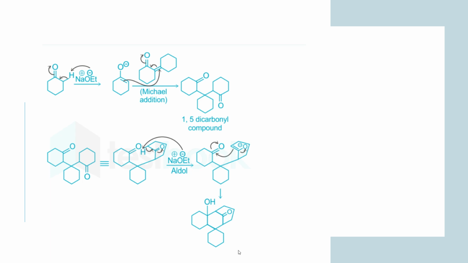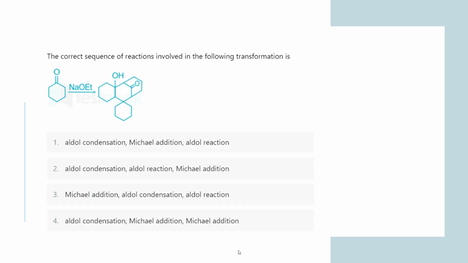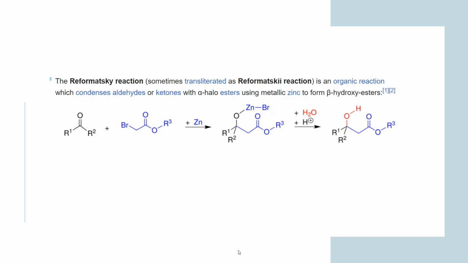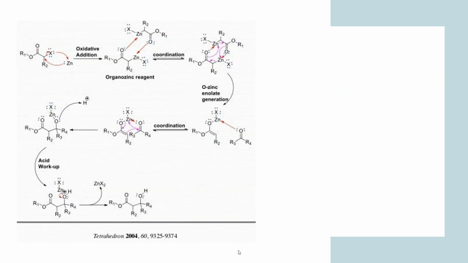After that question, we studied the mechanism of the Reformatsky reaction, how a zinc organometallic compound acts as an intermediate which rearranges itself to an enolate equivalent, which is a zinc bromo enolate, and how it underwent an addition reaction.